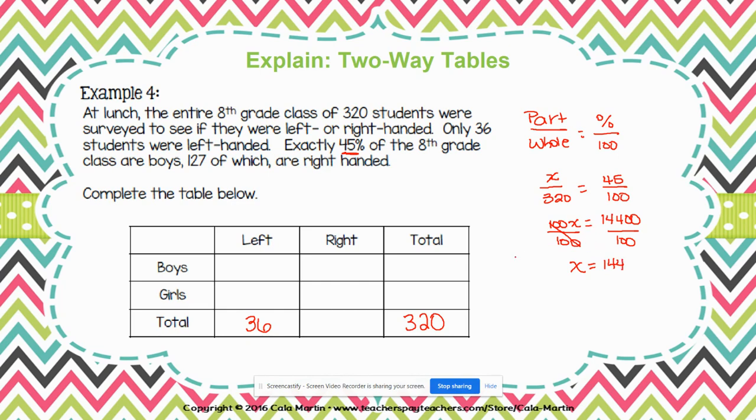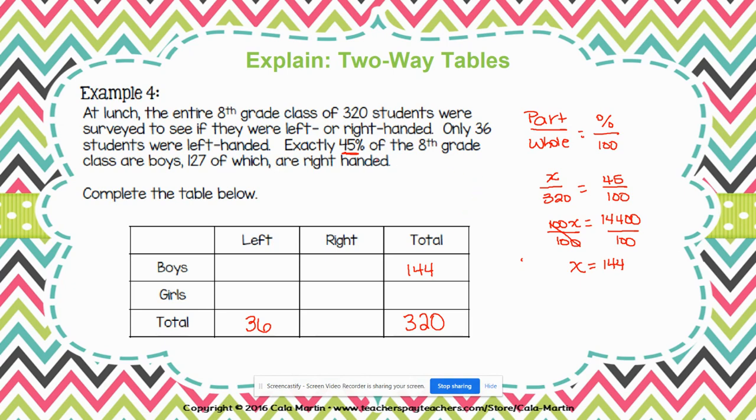Well, let's go back to our problem and see what that 144 actually means. It said exactly 45% of the 8th grade class are boys. So that means I found out that 45% is 144. So there are a total of 144 boys. So I'm going to put that here because this is my boys row.